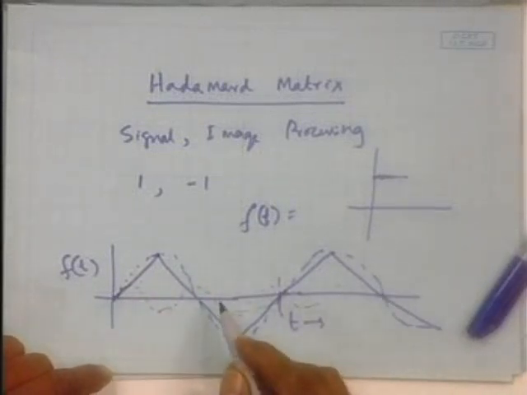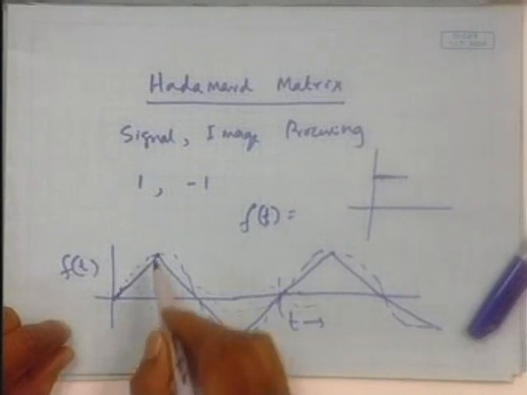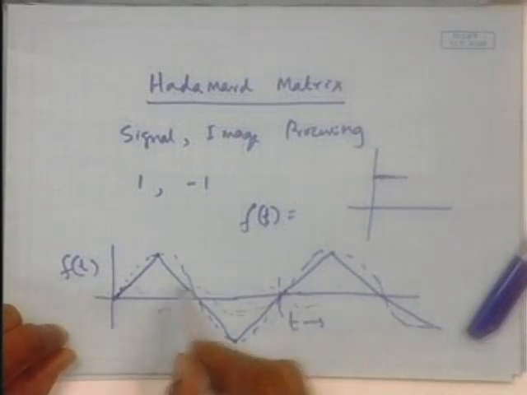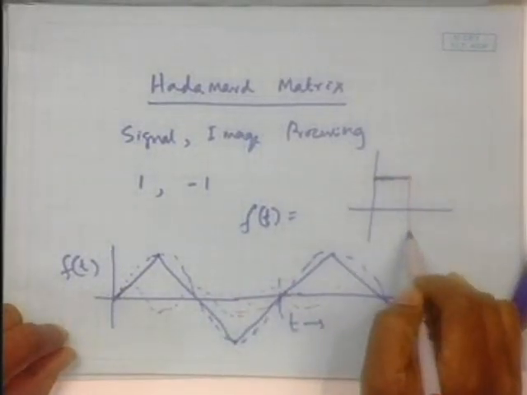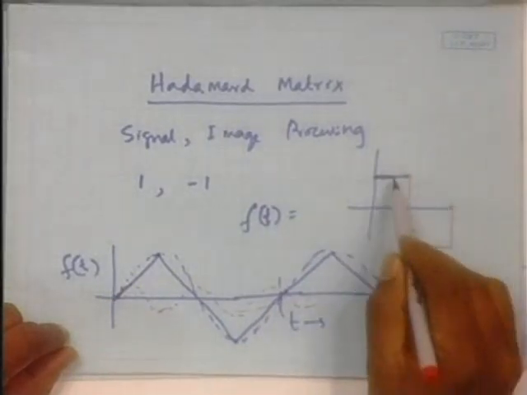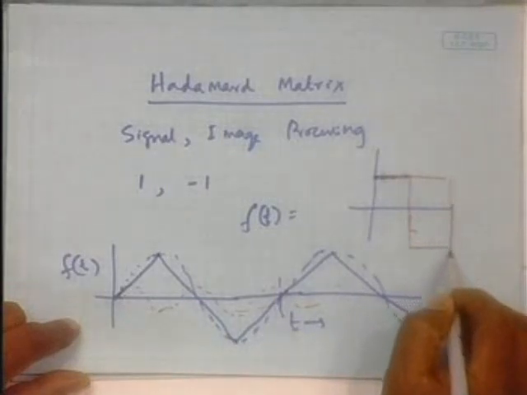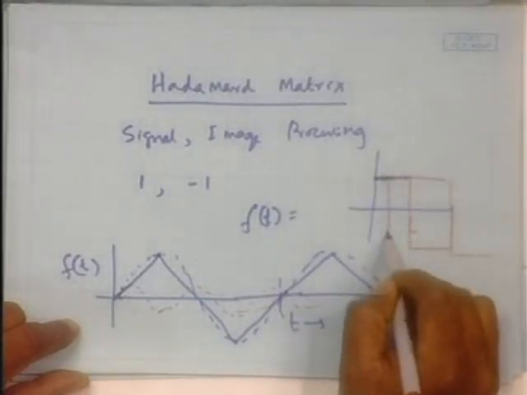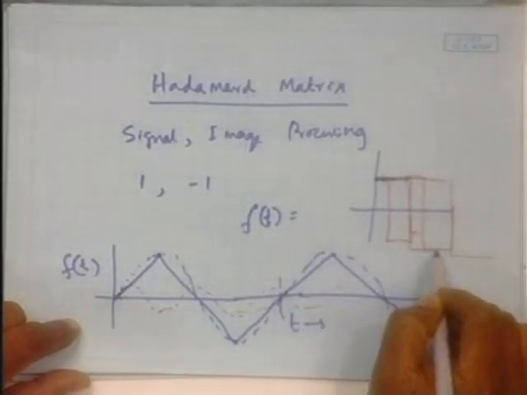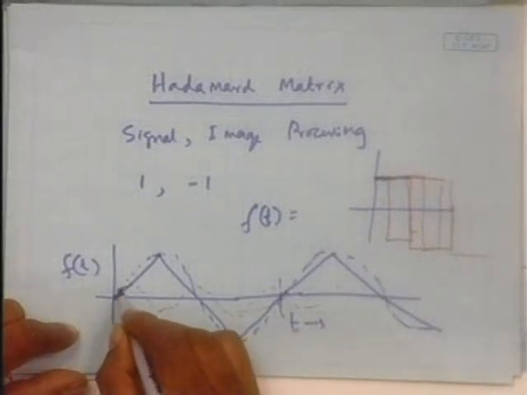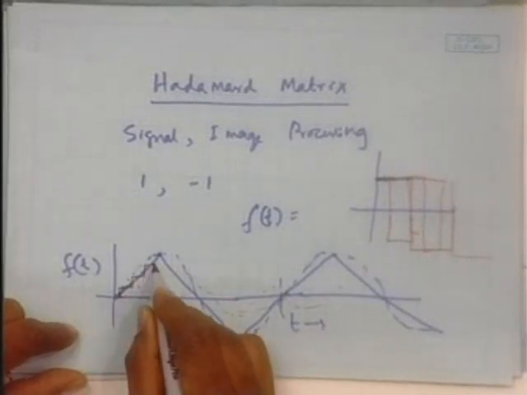If it is so, you can also approximate the same function by a series of functions which look like this. One function like this, then another function just double of this, another function maybe half of this, something like this. That means you can represent this whole thing like a staircase.